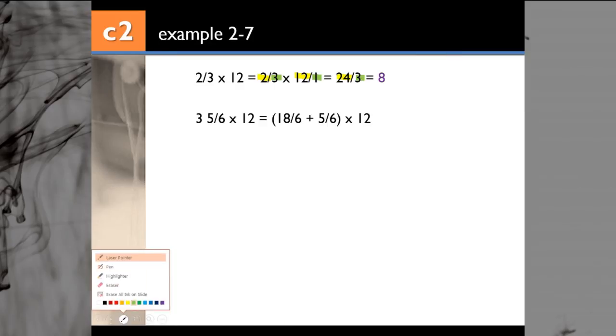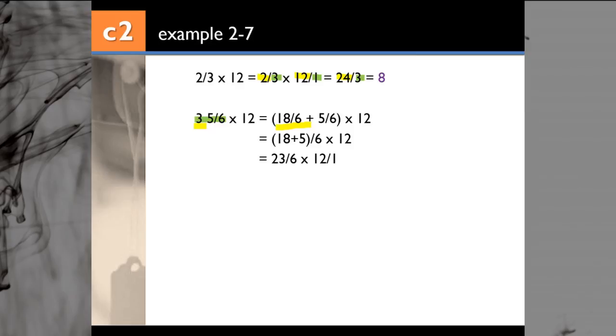So 3 and 5 over 6 is the same as 18 over 6 plus 5 over 6, which is 18 plus 5 divided by 6, multiplied by 12.